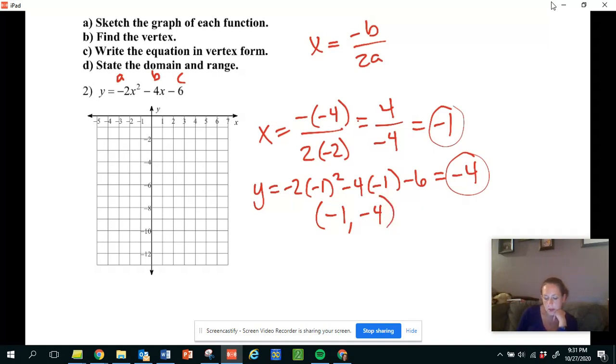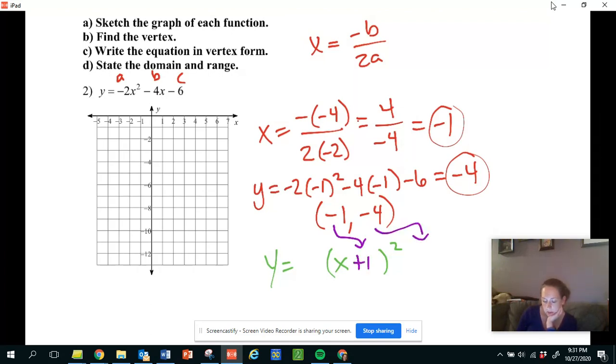So my vertex is -1, -4. It says to write it in vertex form, which is, this is like the outline of vertex form, where you have the x in parentheses squared on the outside. The x of the vertex goes in the parentheses, but you have to flip the sign.